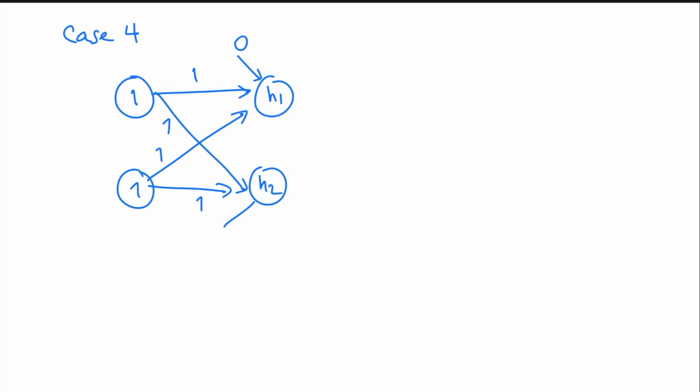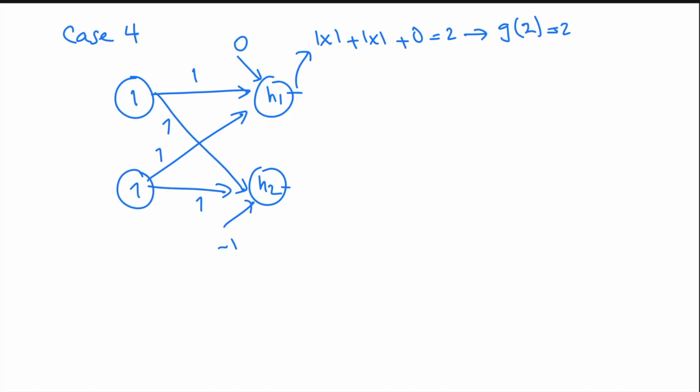So in this case, for H1 and its output, we have 1 times 1 plus another 1 times 1, because there are 2 paths that go toward H1, which means that we get 2, and g of 2 is 2. Remember, this ReLU does not change anything when we have 0 or something positive. And then for the bottom one, the H2, we get 1 times 1 plus 1 times 1 minus 1, so we get 1. And again, g of 1 equals 1.